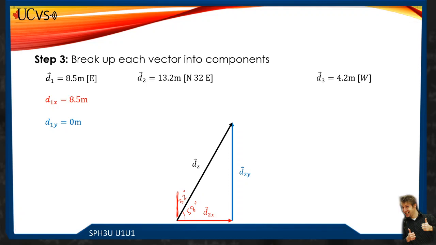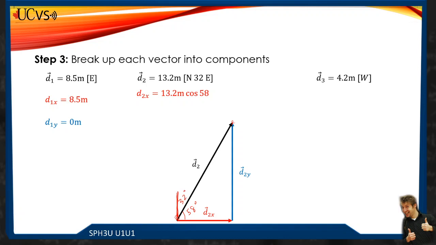But for me to go from this starting point to this finishing point here, it's equivalent for me to first follow this red arrow in the x direction, and then follow the blue arrow in the y direction. I'll end up in the same spot. So I can say that me going 13.2 meters north, 32 degrees east is the same as going 13.2 meters multiplied by the cosine of 58.